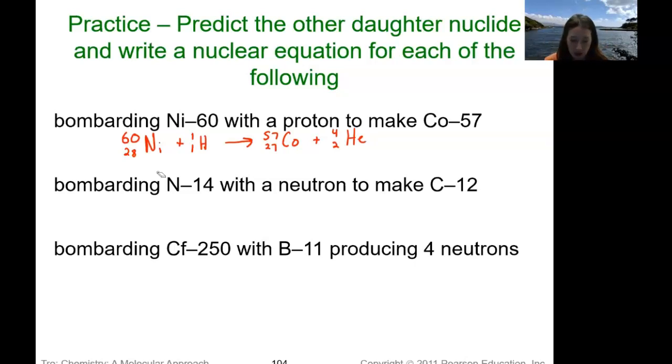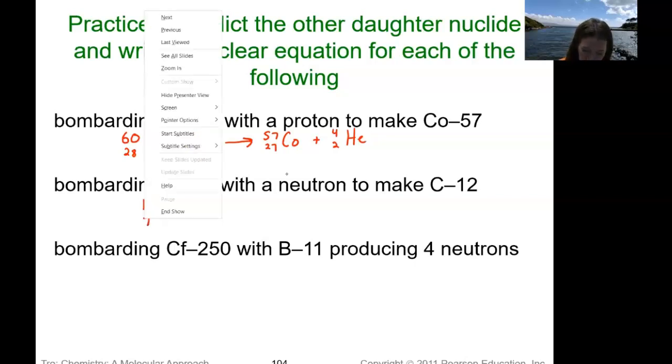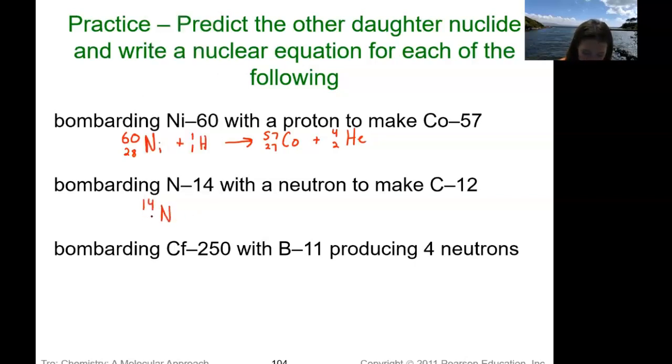So let's do nitrogen 14 with carbon 12. Nitrogen 7. I don't know why these keep disappearing. With a neutron. It's going to make carbon 12. And now there's not always something formed, but sometimes there's something formed.